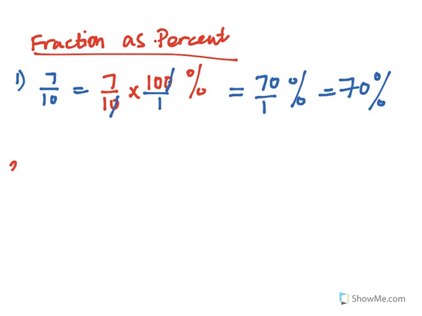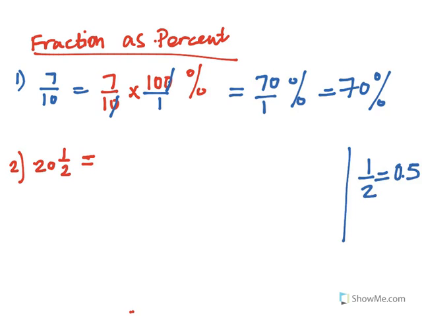Let's pick another example. Say 20 and a half. That means I can write it as a decimal or as a fraction itself. Let's write it as a decimal. We know 1 over 2 can be written as a decimal as 0.5.